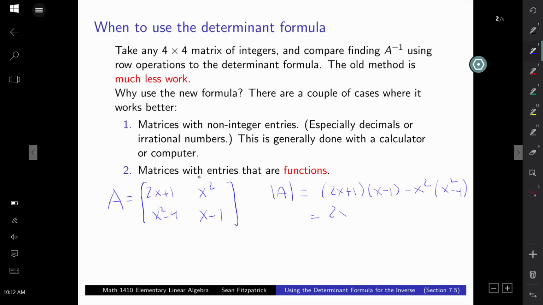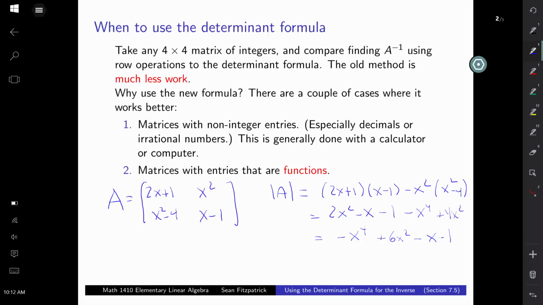I get minus x to the fourth plus 6x squared minus x minus 1. Okay.